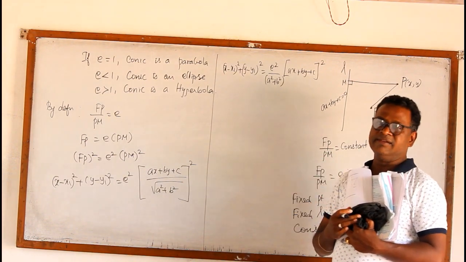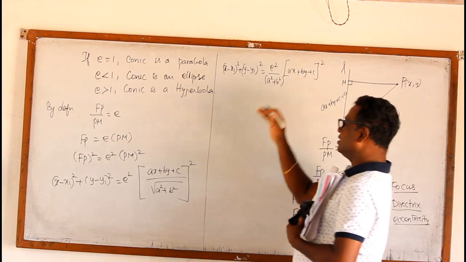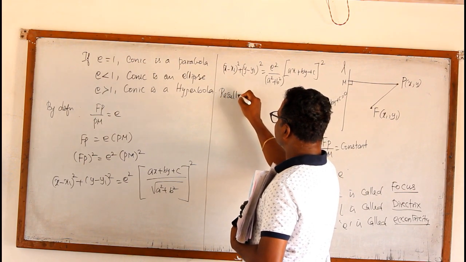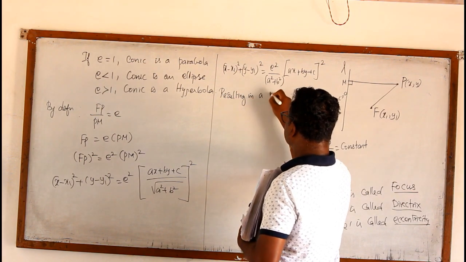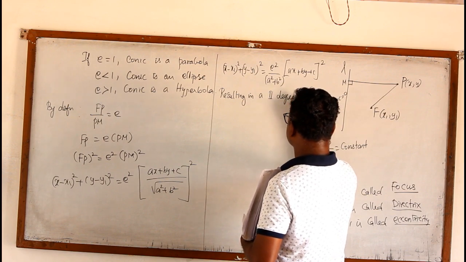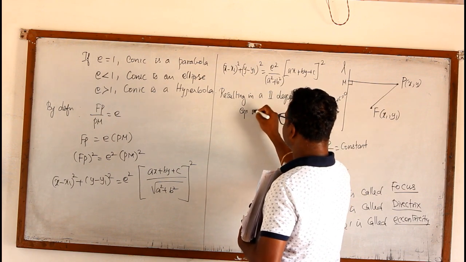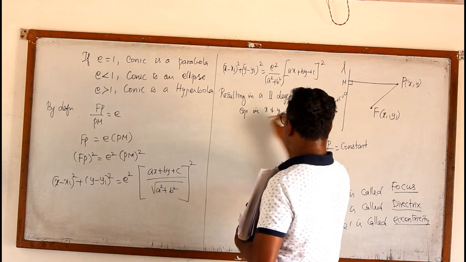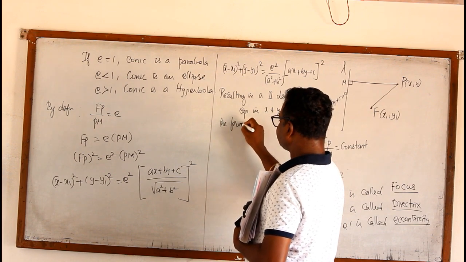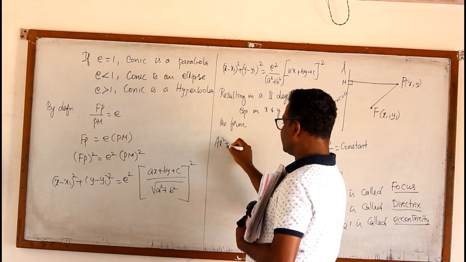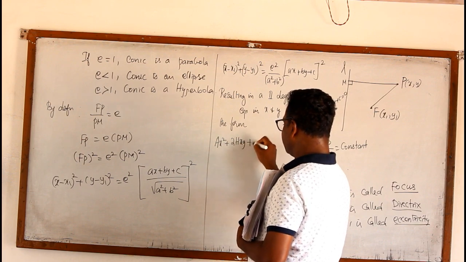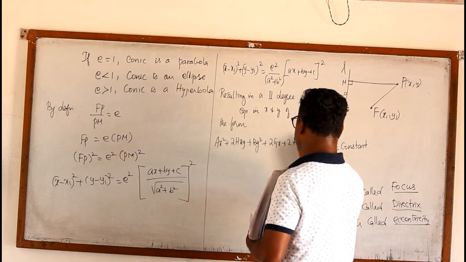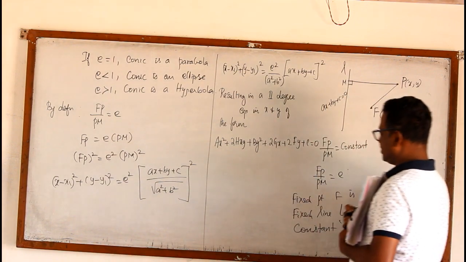Altogether, this results in a second degree equation in x and y of the form ax square plus 2hxy plus by square plus 2gx plus 2fy plus c equal to 0.